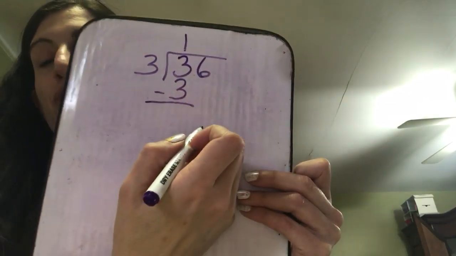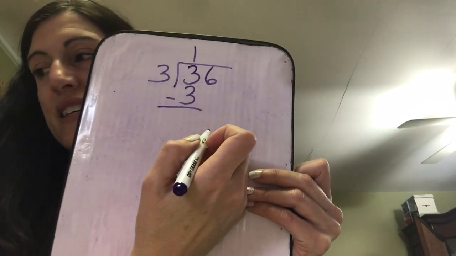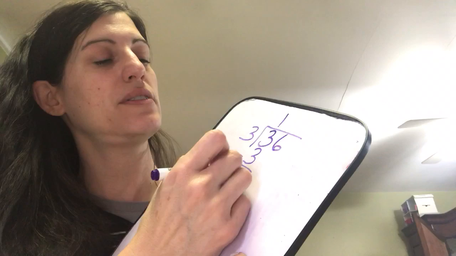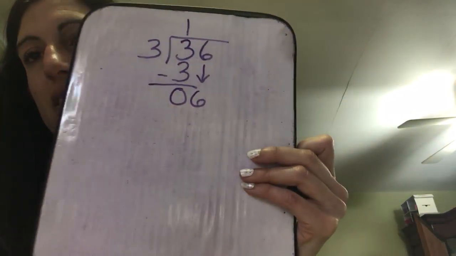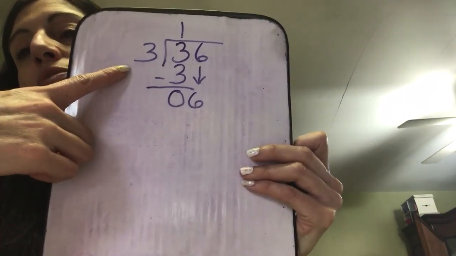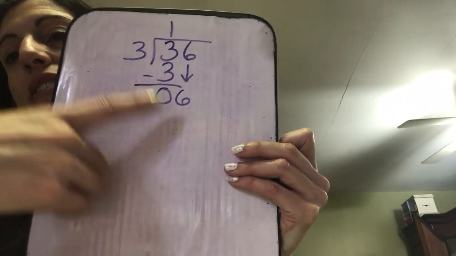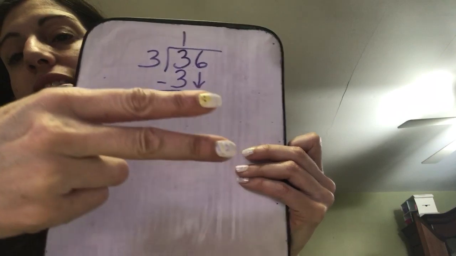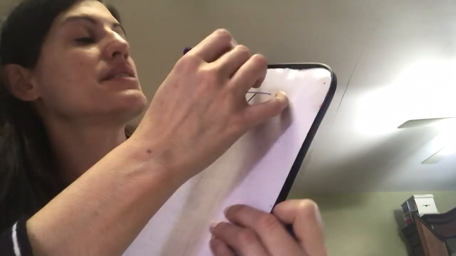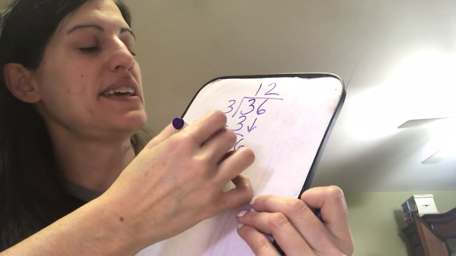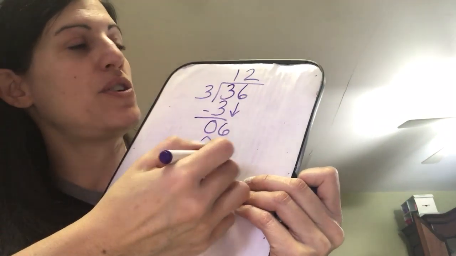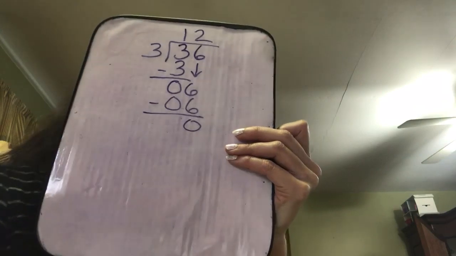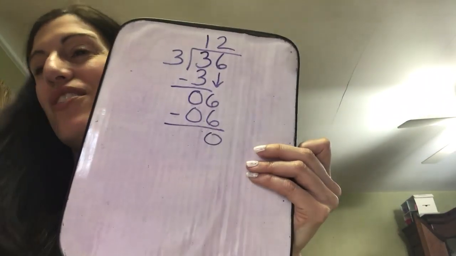Subtract. 3 minus 3 is 0. Bring down your 6. Okay. Let's count by 3s till we get to 6. 3, 6, 2 times. And that equaled 6. Okay, that's 0, no remainder. So your answer is 12. Okay, nice job.